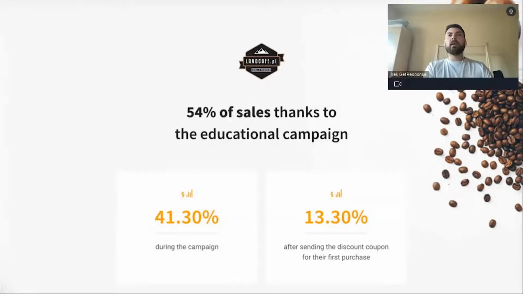And as you can see, 41% of people decide to purchase during this educational phase of the series, and then we have 13% from the message with the discount coupon. So I think that this is a brilliant result.